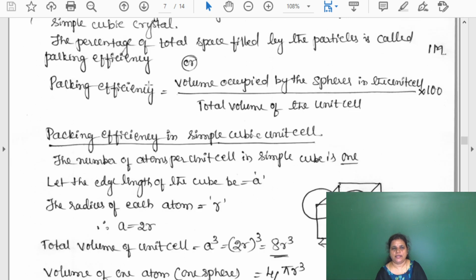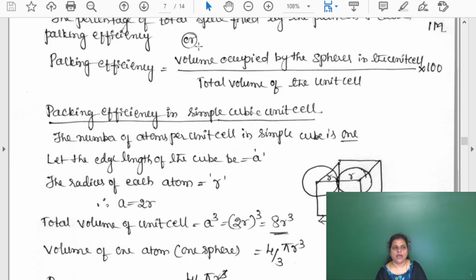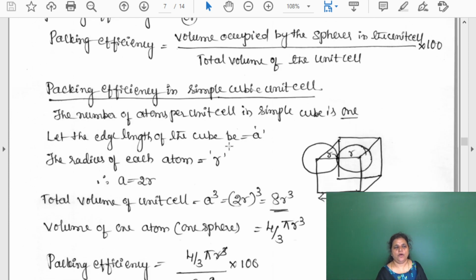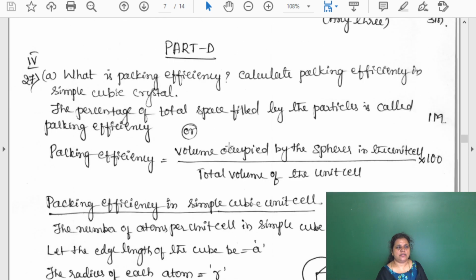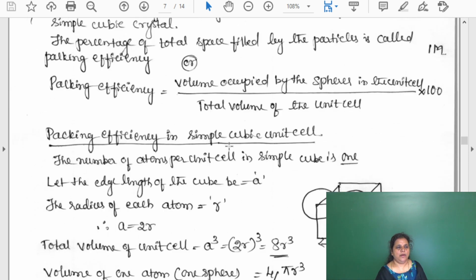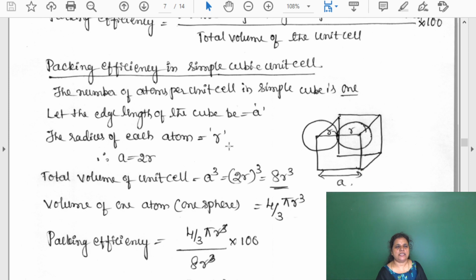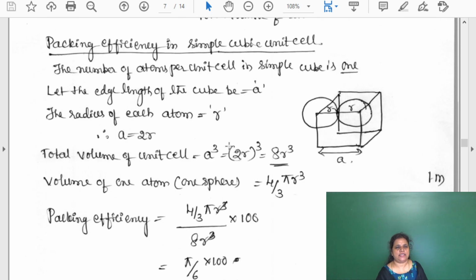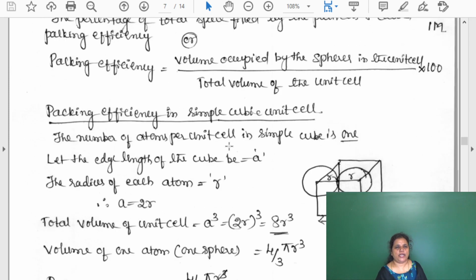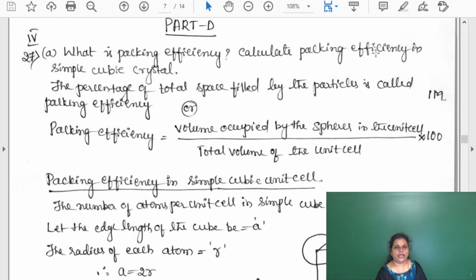You can write this and that carries 1 mark, and you can even write it like this also: the ratio of volume occupied by the spheres in a unit cell to the total volume of the unit cell, into 100. Now, next question is packing efficiency in a simple cubic unit cell.